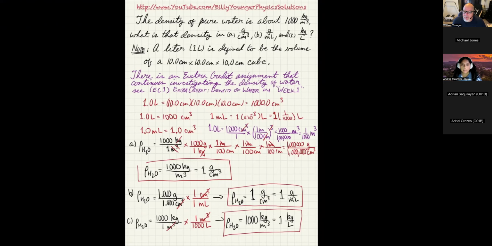So if you want a milliliter, you divide this by 1,000. But if you divide that by 1,000, you have to divide this by 1,000 as well.